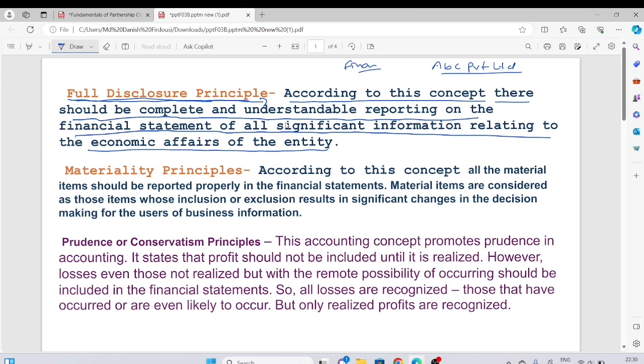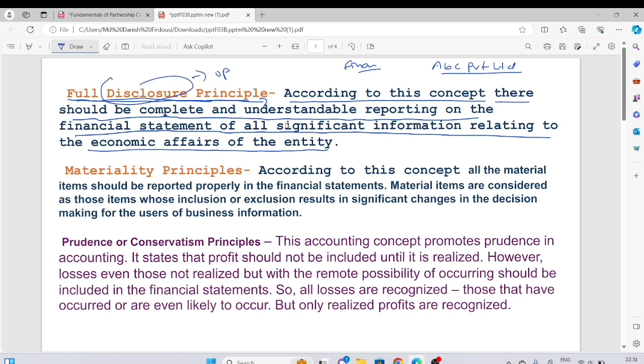Financial statement in the sense profit and loss account, trading account, balance sheet, all these things. So this principle of accounting states that whenever you are preparing your financial statement, you have to disclose. Here the term is disclosure.